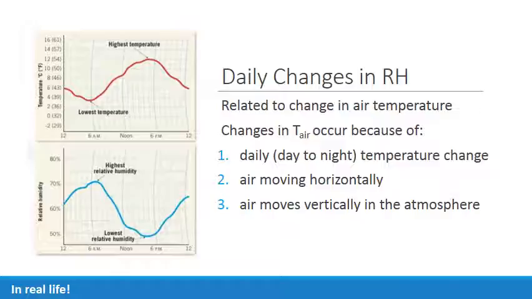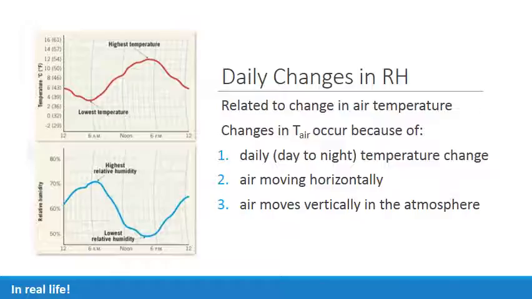That's an example of a vertical motion. Okay, so we can think of a daily cycle, frontal weather, or thermal air, so rising warm air.